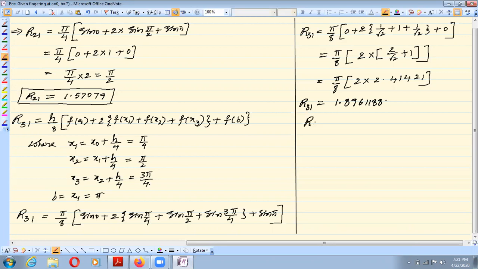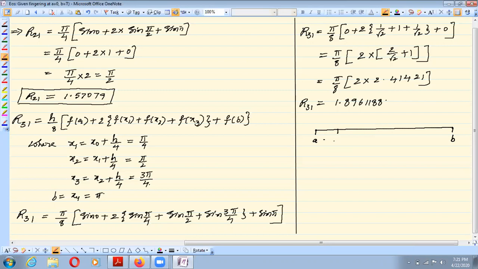Next we will go for R41. So here we can take the partition, which is equal to, partition can be taken as, this is A, this is B. H by 4 can be taken now, H by 8, that is 5 by 8.